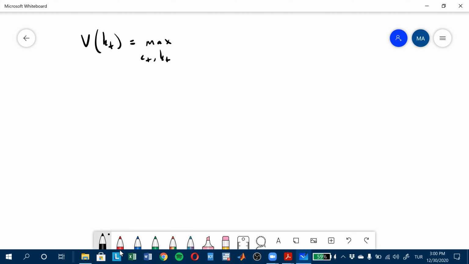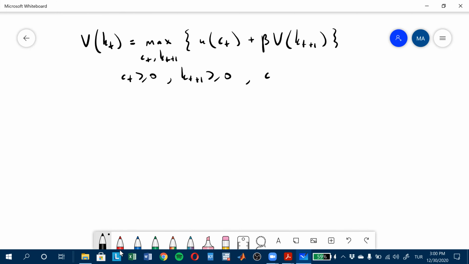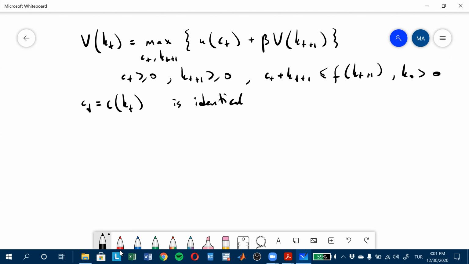If this is a legitimate optimization problem, okay, with constraints expressed in this way, and K0 given, all right? We have not really proved that a solution to this problem is identical to the solution of our original problem.